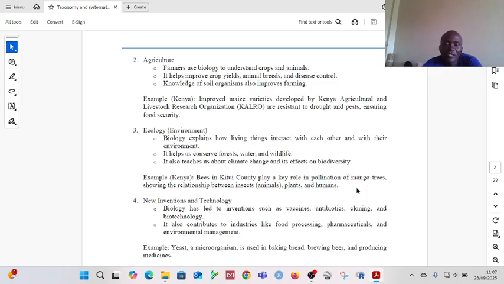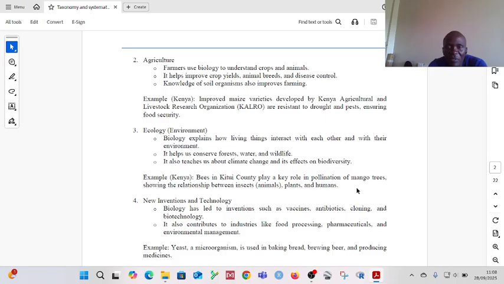So once you understand how living things in a particular ecosystem interact with each other, then you are in a position now to know how you can help those living things to survive more, because you understand how they interact with each other, you understand how they interact with their immediate environment. Through that appreciation, you can also come up with ways of conserving forests, because most of these animals will rely on those forests. You can come up with ways of conserving water. We need water. Water is life. Okay?